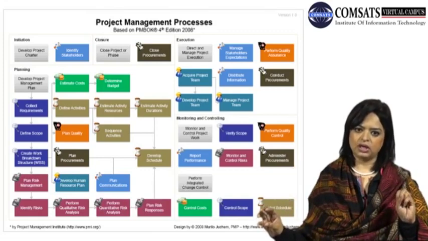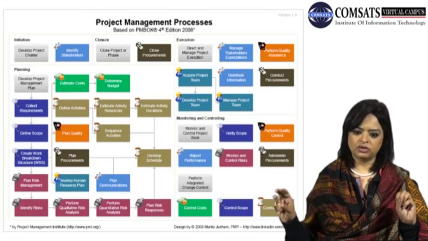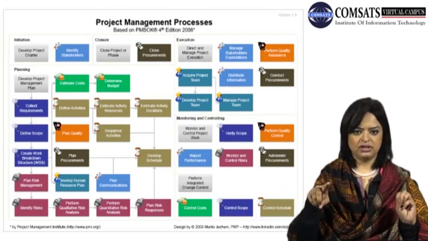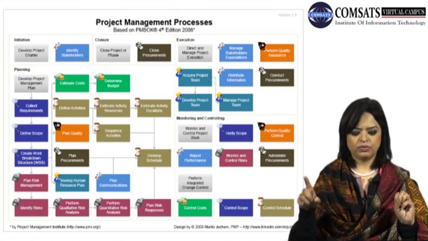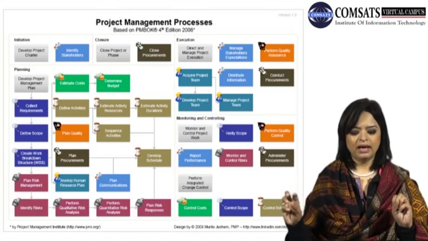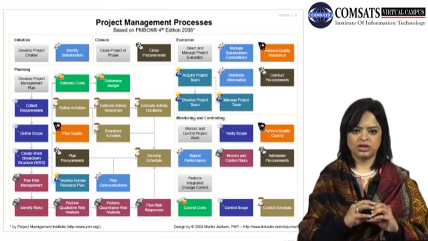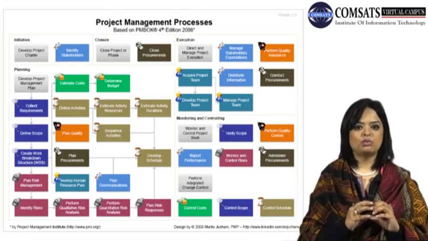So from initiation, you move on to the planning phase, development of a project management plan. There's an arrow that goes down to the third phase of the project, which is the execution phase, on your rightmost corner. And what do you see there? It's directing and managing project execution. You go down to the fourth phase of the project, which is monitoring and controlling your project work.